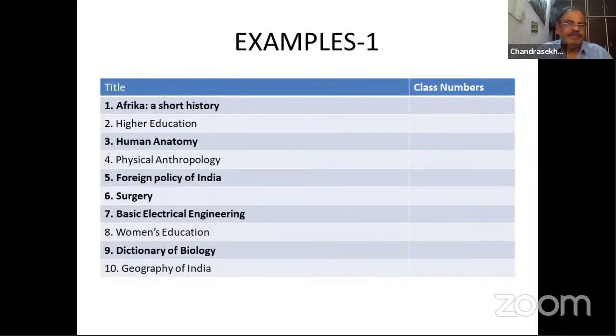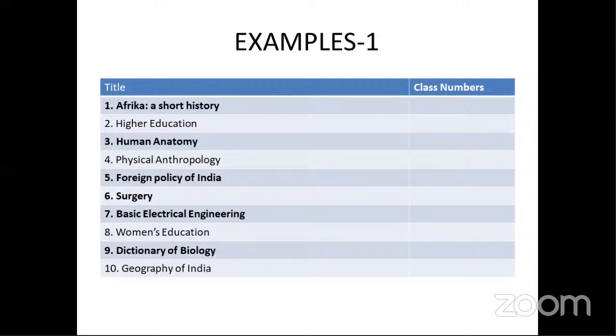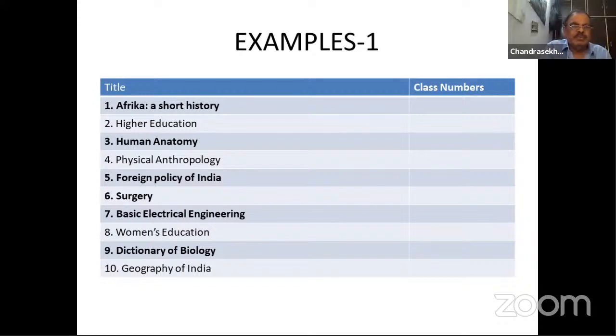Africa, a short history. What do you understand? It's a history of Africa. So where do you find the number? You go to the first summary of the Dewey Decimal Classification, DDC. In the first summary, you have 900. What is 900? History and geography are given in 900.